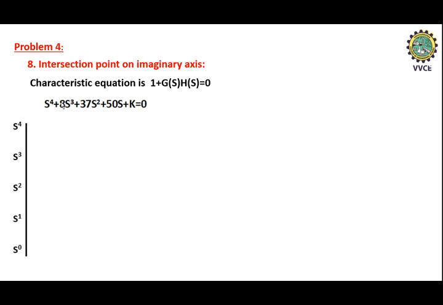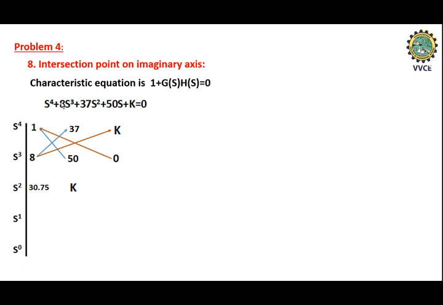In the first 2 rows, arrange the coefficients of this characteristic equation: 1, 8, 37, 50, k, 0. Now, 8 times 37 minus 1 times 50, divided by 8, gives 30.75, and 8 times k minus 0, which is 8k, divided by 8 is k.